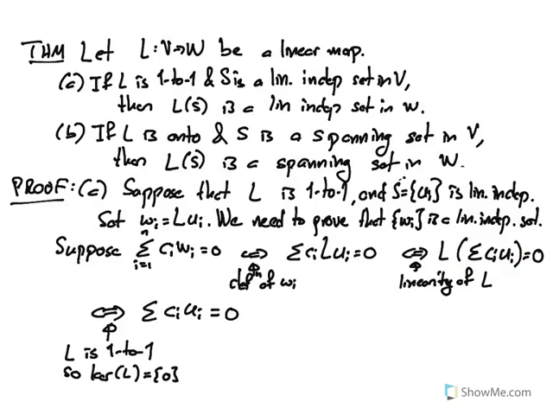Now there's only one step left. The only assumption we haven't used yet is that the Ui form a linearly independent set, and that's what we'll use in the final step. Here we use that the Ui are linearly independent to show that the only linear combination of the Ui's that adds up to 0 is the trivial one where all the Ci's are 0. So this proves that the Wi are linearly independent.